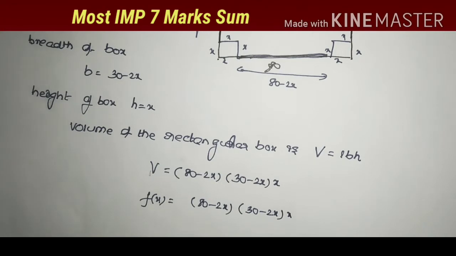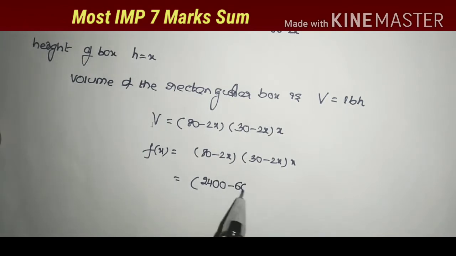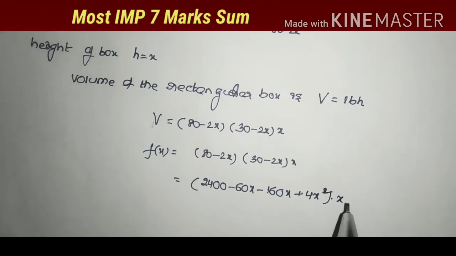Now multiplying these values: 80 into 30 is 2400, 2x into 30 is minus 60x, minus 2x into 80 is minus 160x, and plus 2x into 2x is 4x square, into x.